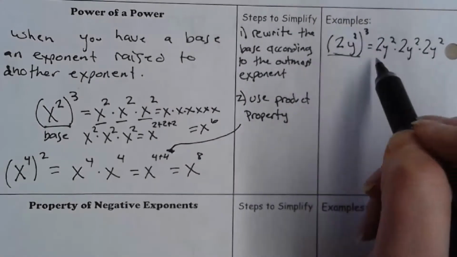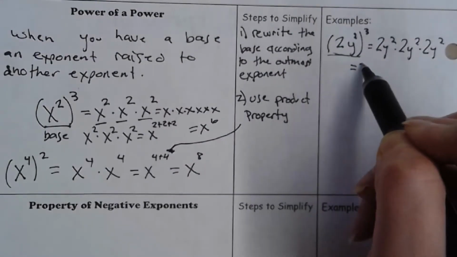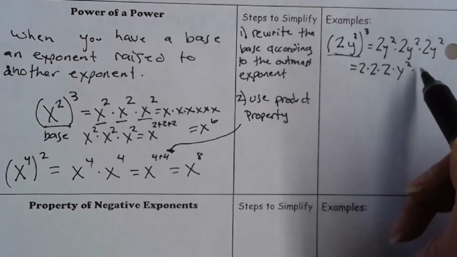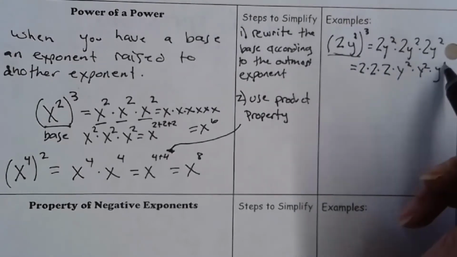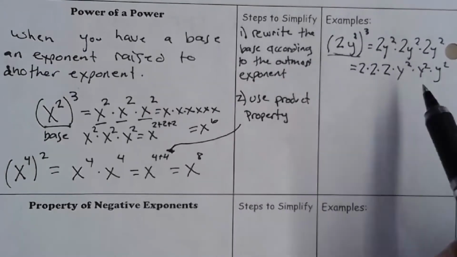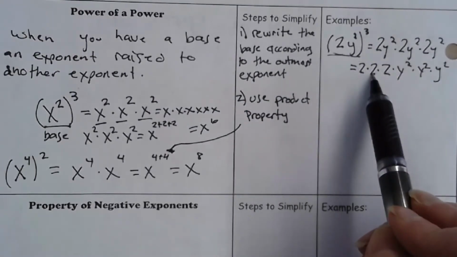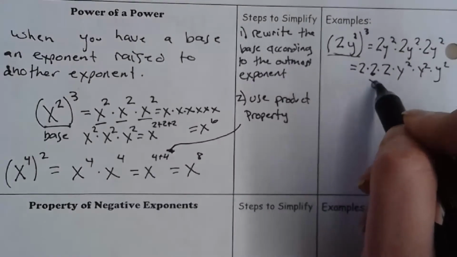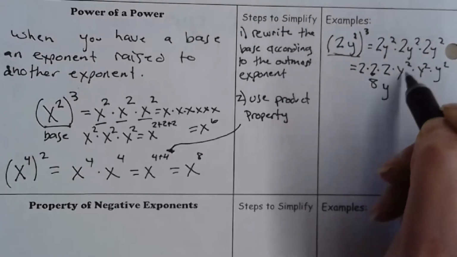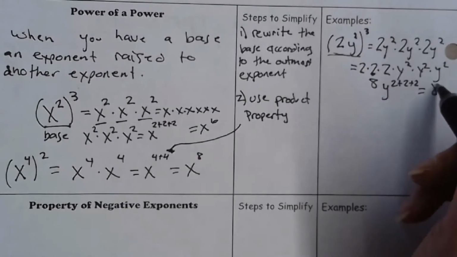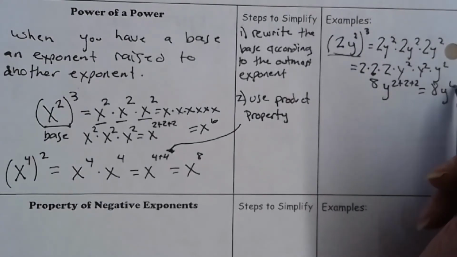And we could rearrange this. We could do 2 times 2 times 2 times y squared times y squared times y squared. Okay, because again, remember, multiplication, the order doesn't matter. So 2 times 2 is 4, times 2 is 8. And then y, we have 2 plus 2 plus 2, so 8y to the 6.